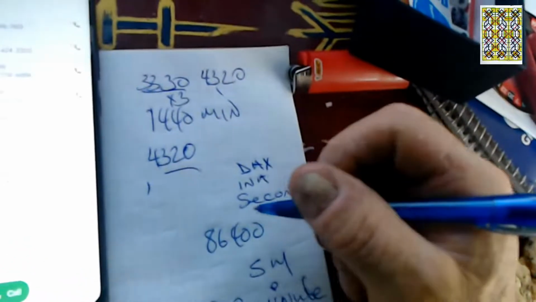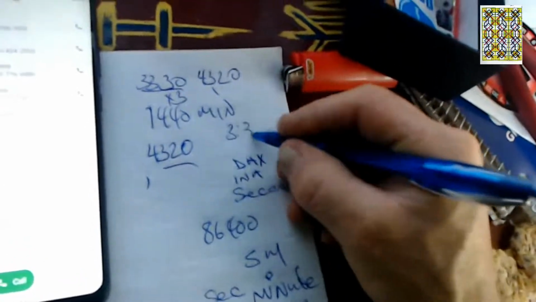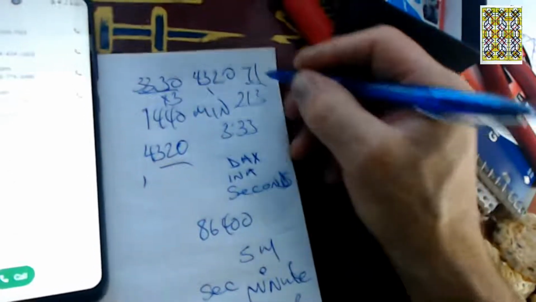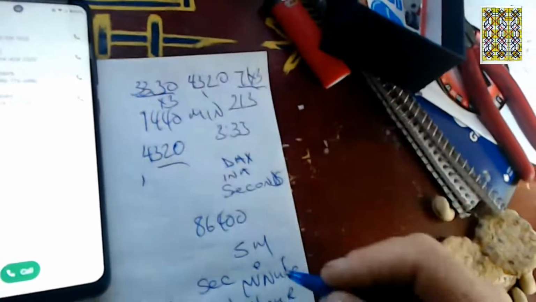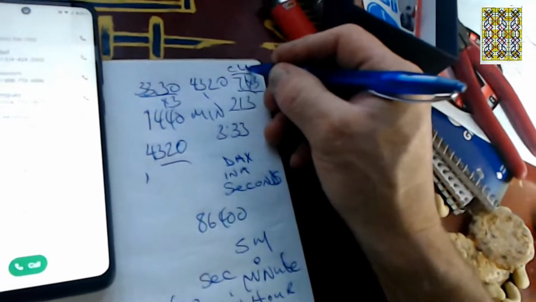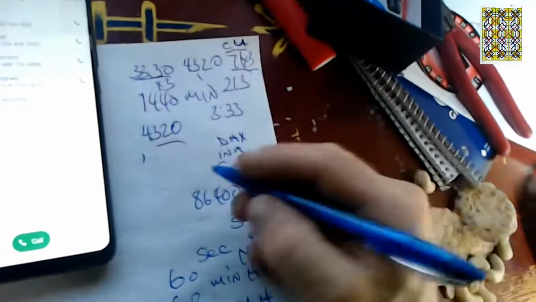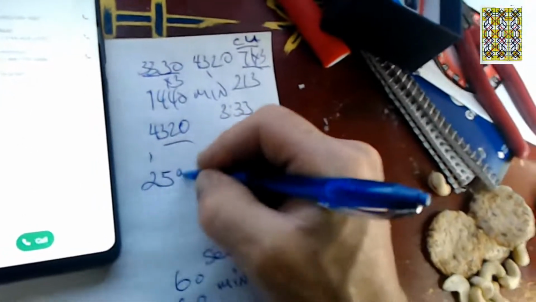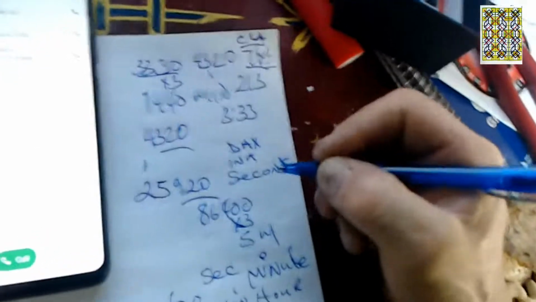Also equals to that. If we looked at that in time, it would look like 213 minutes, or 71 the gateway times 3, which would be 321, which would be Cu. So we'd have to understand what Cu is somewhere in the elements. 86,400 times 3 equals 25,920.